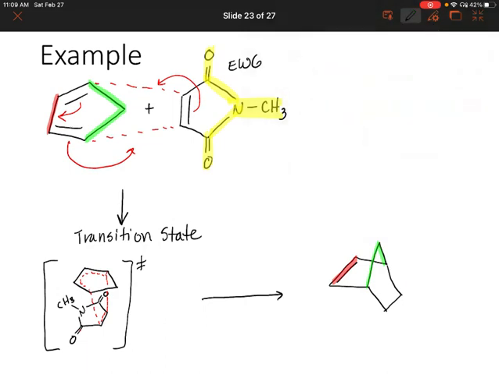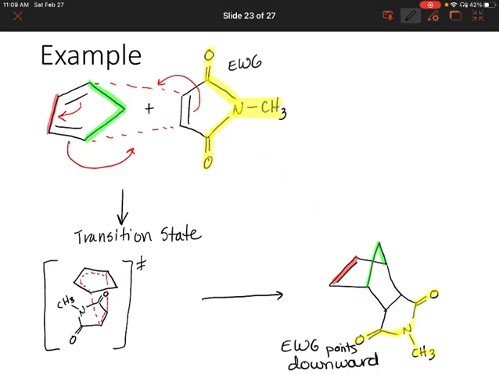And then we have our electron withdrawing group, and that's going to all point downward in the endo position. Points downward.